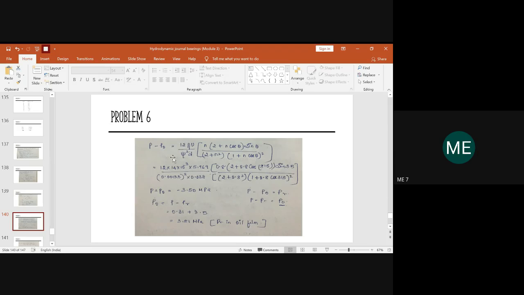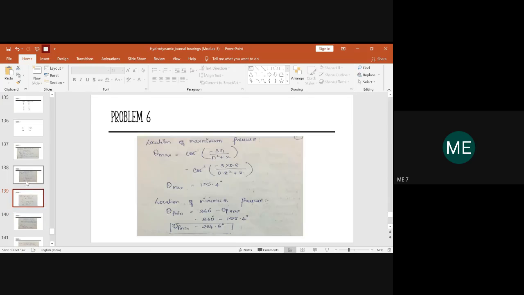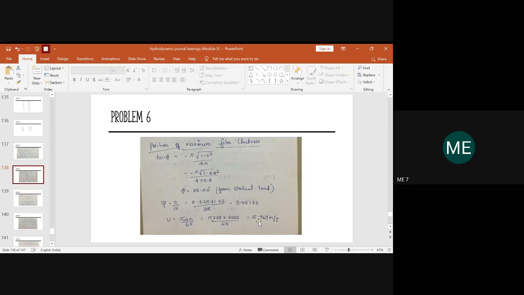So you will write 12 into, viscosity is 14 centipoise. We need to convert that into Pascal second, and hence we multiply by 10 raised to minus 3. 14 into 10 to the power of minus 3, into the velocity value u we have calculated. It is 5.969 meter per second.